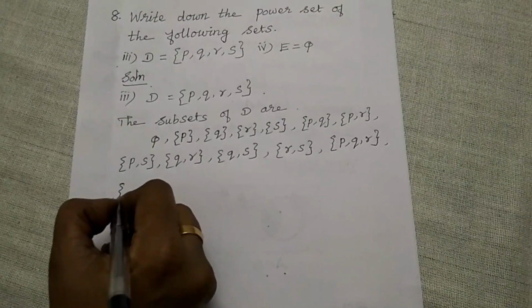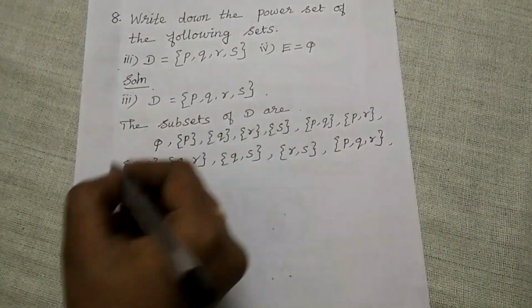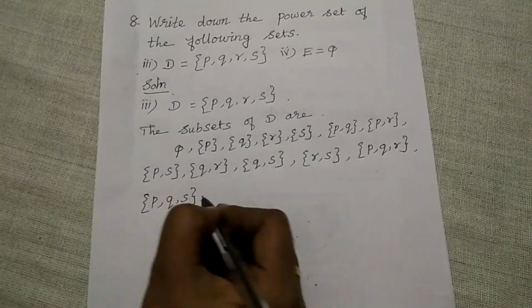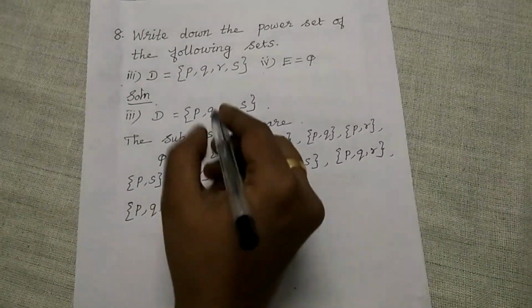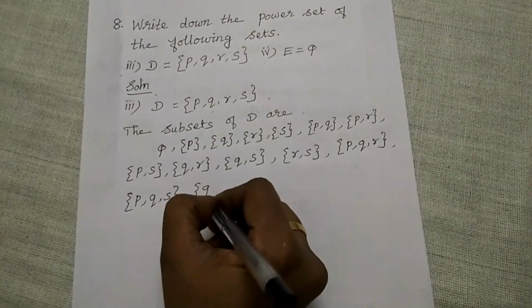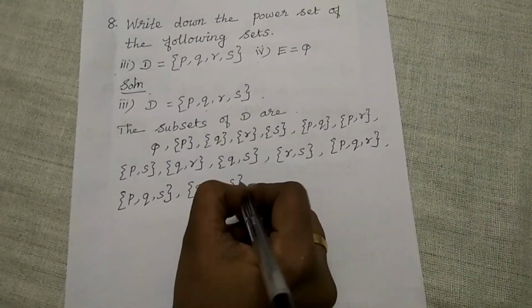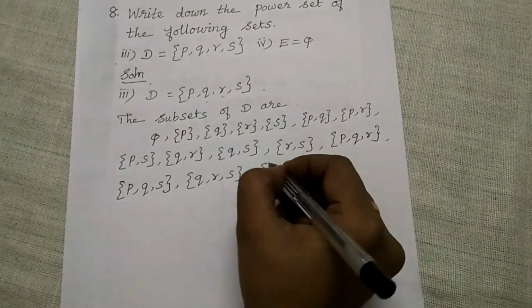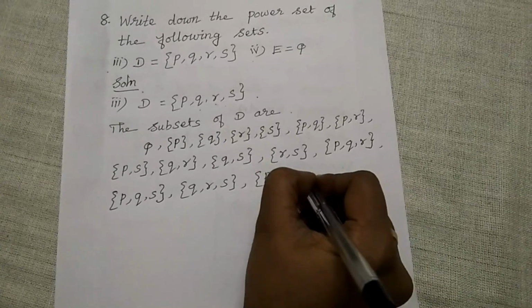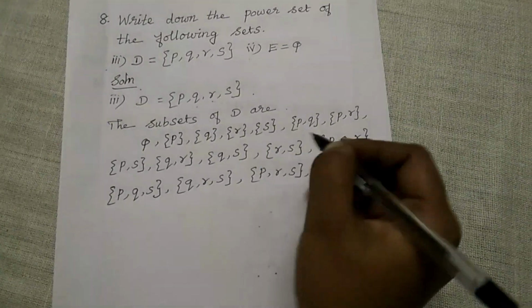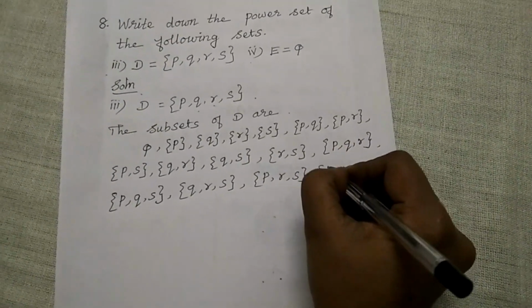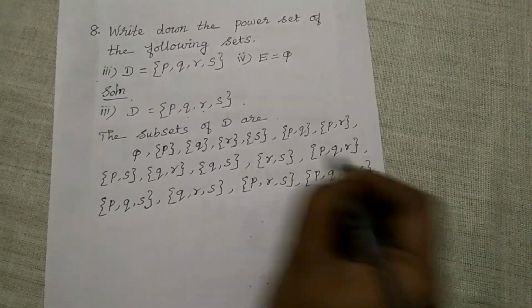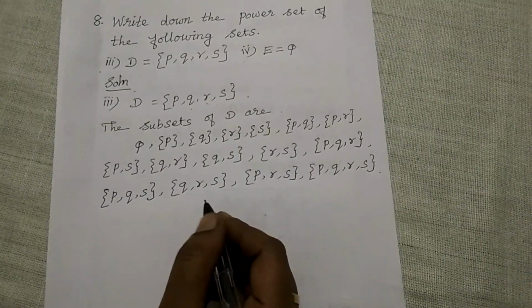Then P, Q, S. Then Q, R, S. The next one, P, R, S. The next given set also, P, Q, R, S. These are the subsets of D, isn't it?